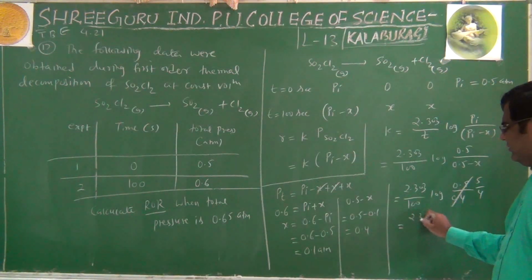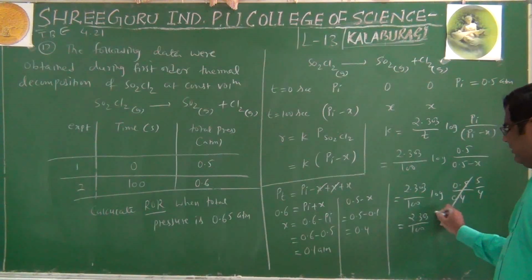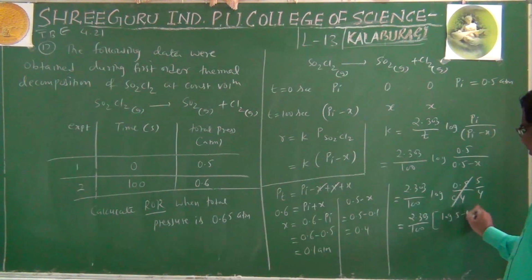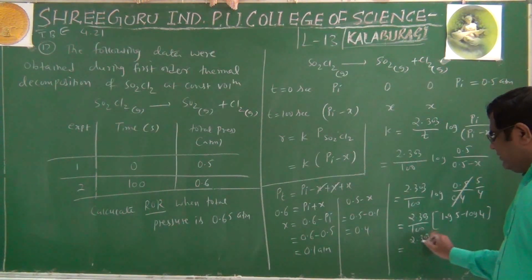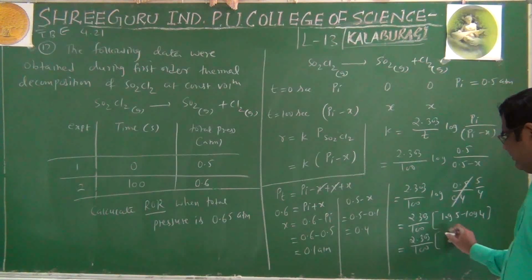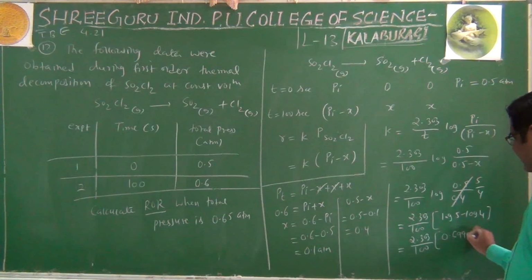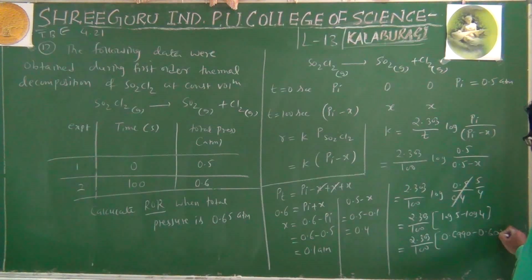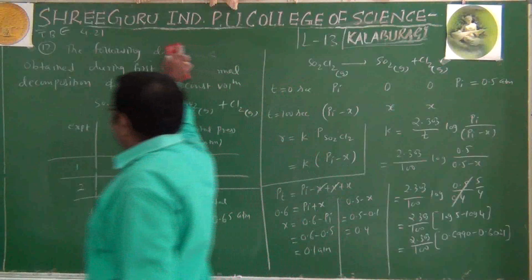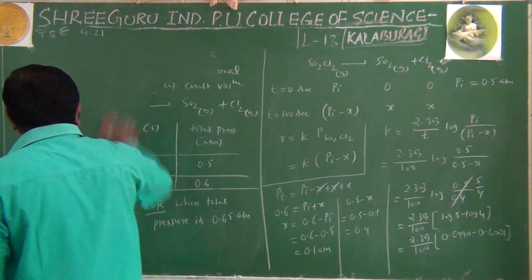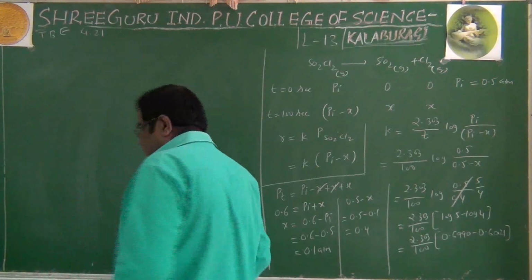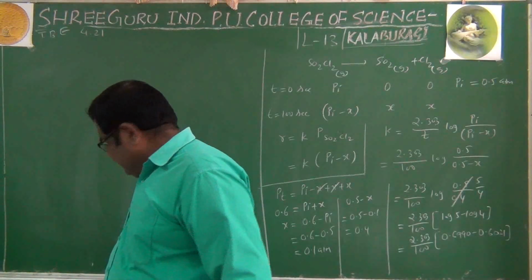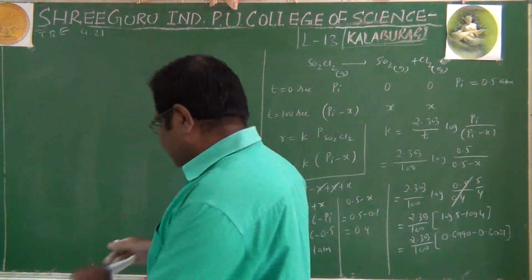So it is 2.303 by 100 times log 5 minus log 4, that is 2.303 by 100 times 0.6990 minus 0.6021.